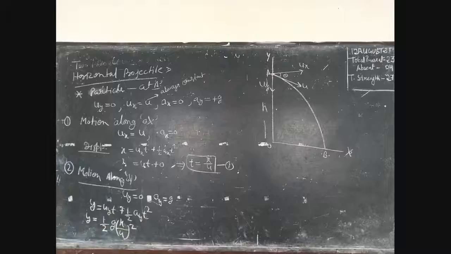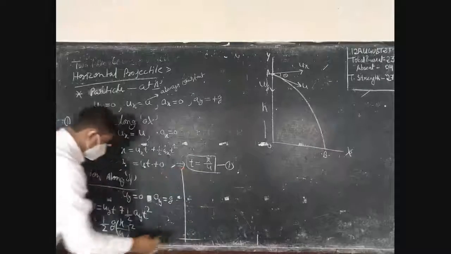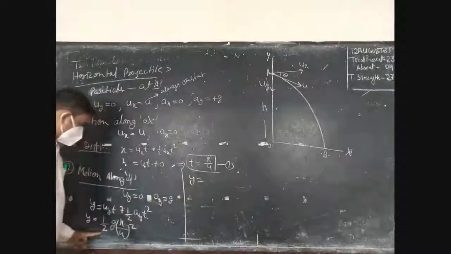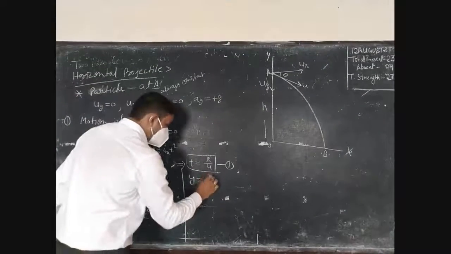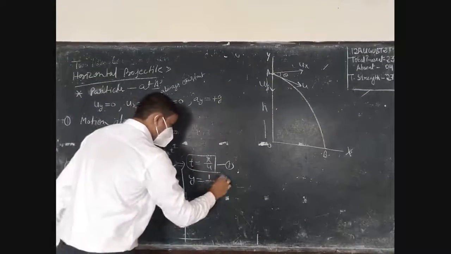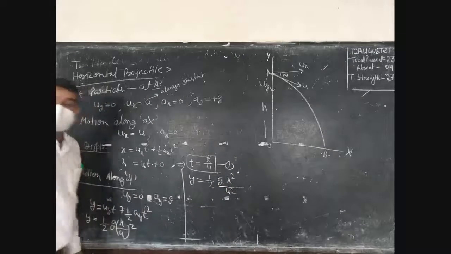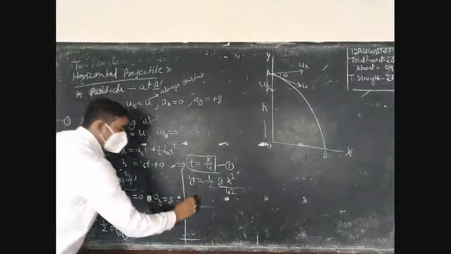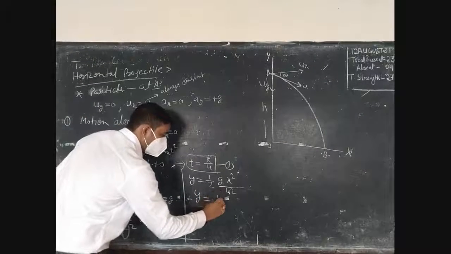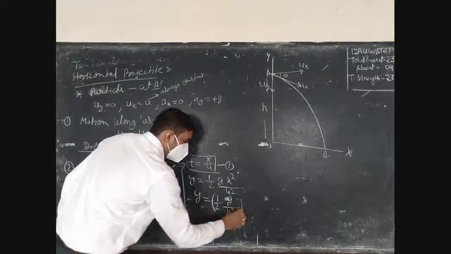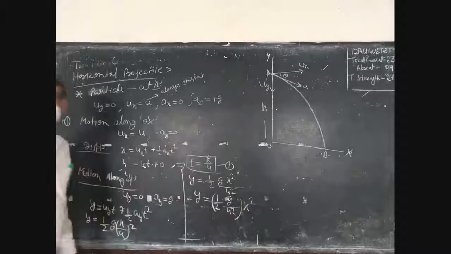Therefore y is equal to half g x square upon u square. Therefore y is equal to half g upon u square, in one bracket, times x square.